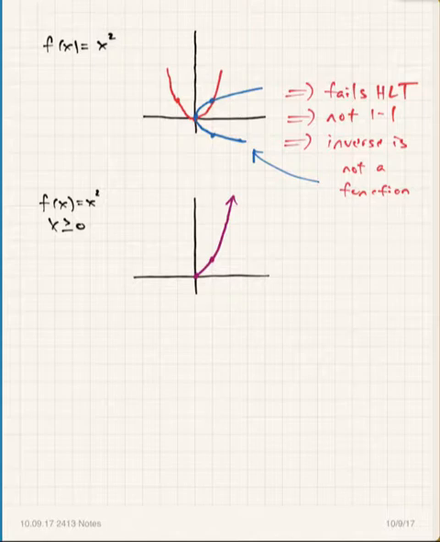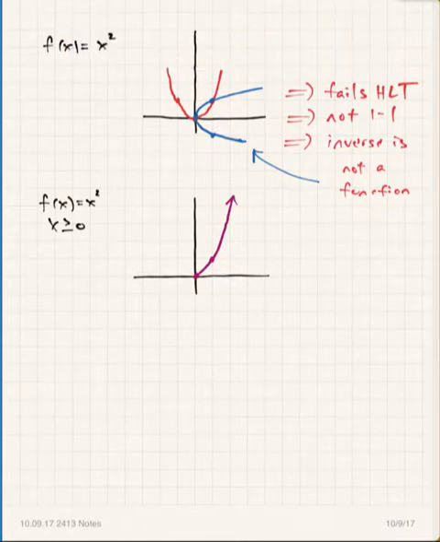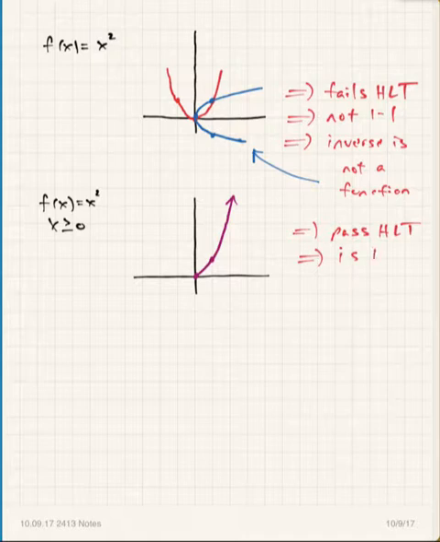That piece, the restricted square function, does in fact pass the horizontal line test. And because it passes the horizontal line test, this function is one-to-one, and its inverse is a function.